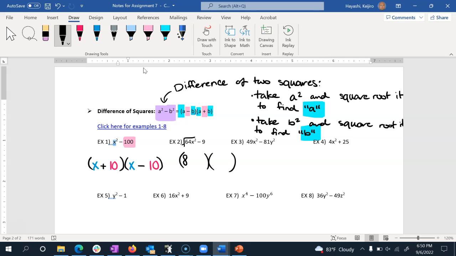And because of the x squared, you're taking the square root of that as well, so it's going to be 8x. So 8x is what both of your factors are going to start with. Okay, what's the square root of 9? 3. Okay, so that should go at the back of your factors. One gets a plus, one gets a minus.